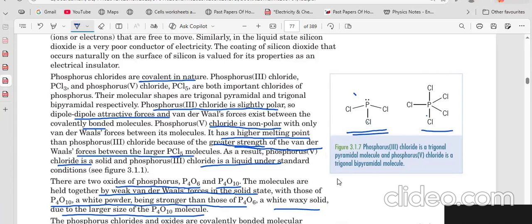As a result, PCl5 is a solid and PCl3 is a liquid.